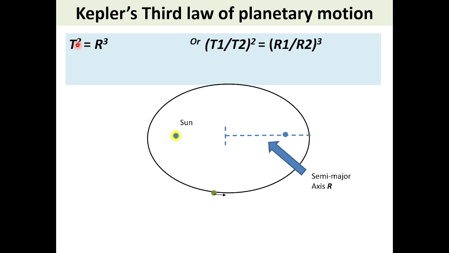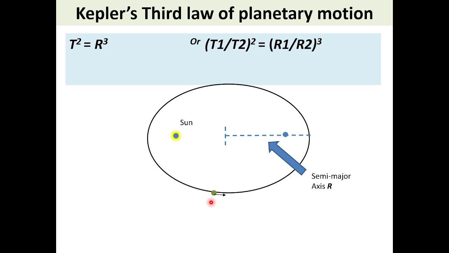I mean, see, this time period will be the time taken by the planet to complete one revolution around the sun. See, the planet is here, and it revolves around the sun, completes one, and reaches here again. This time is T, which we call the period of a planet, or time period of a planet, or orbital period of a planet.